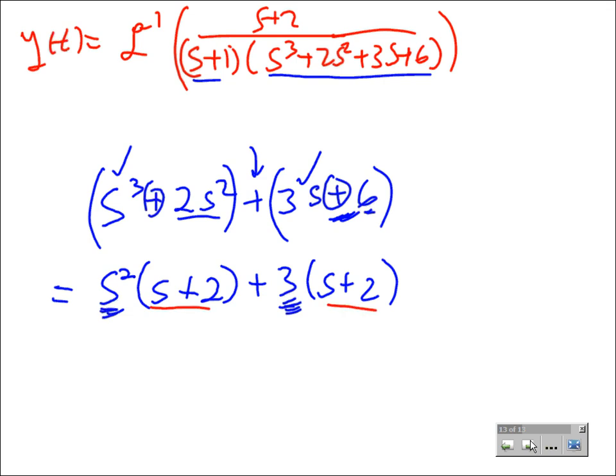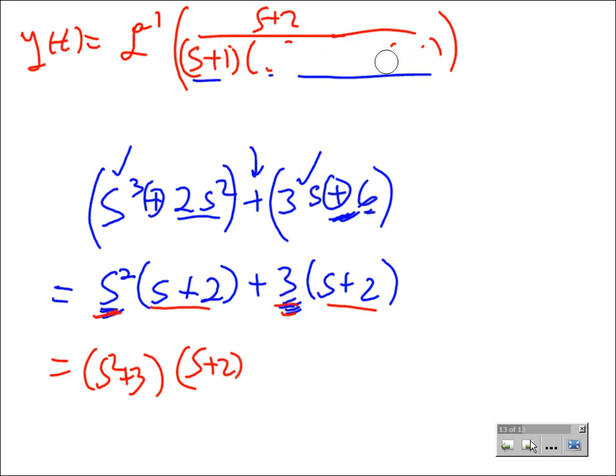We're adding s plus 2's. And how many s plus 2's do we have? We have s squared plus 3 of them. So that second factor in the bottom is just s squared plus 3 times s plus 2. So I can come here, erase it, and put what it equals.